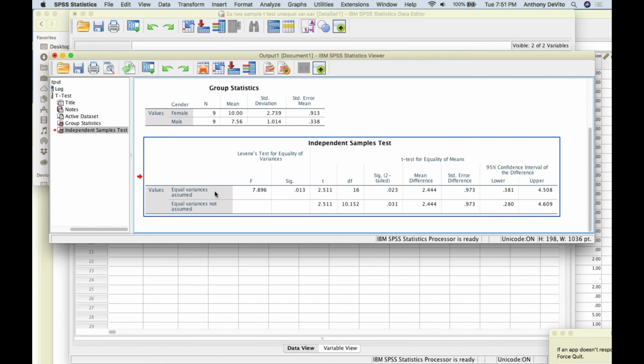But if the significance, the probability of being wrong if we do that, is less than 5%, we go to the bottom line instead. In this case, it's 0.013, less than 5%. So we reject the null hypothesis that they're equal, and we use the bottom line, which works out perfectly because that's what we knew we were going to use anyway. If this were more than 5%, we'd use the top line instead.